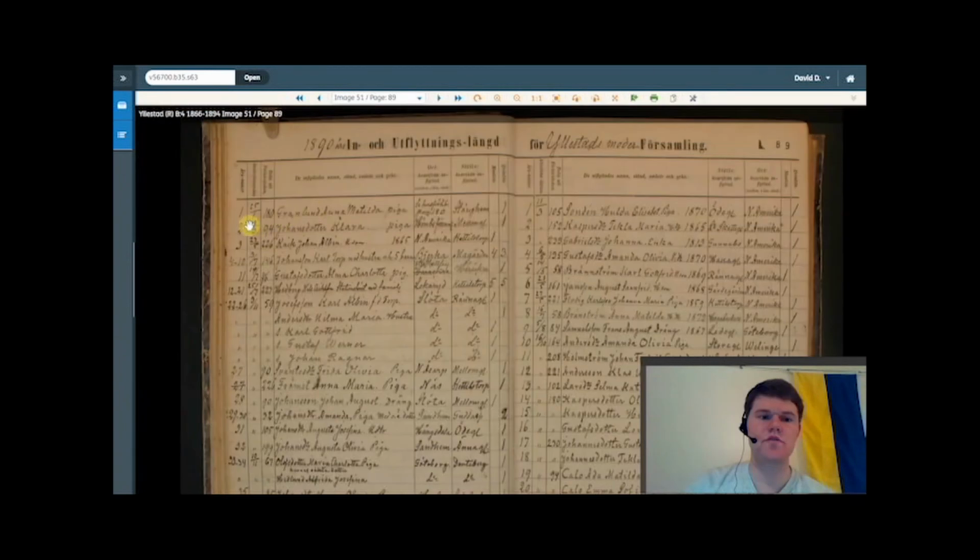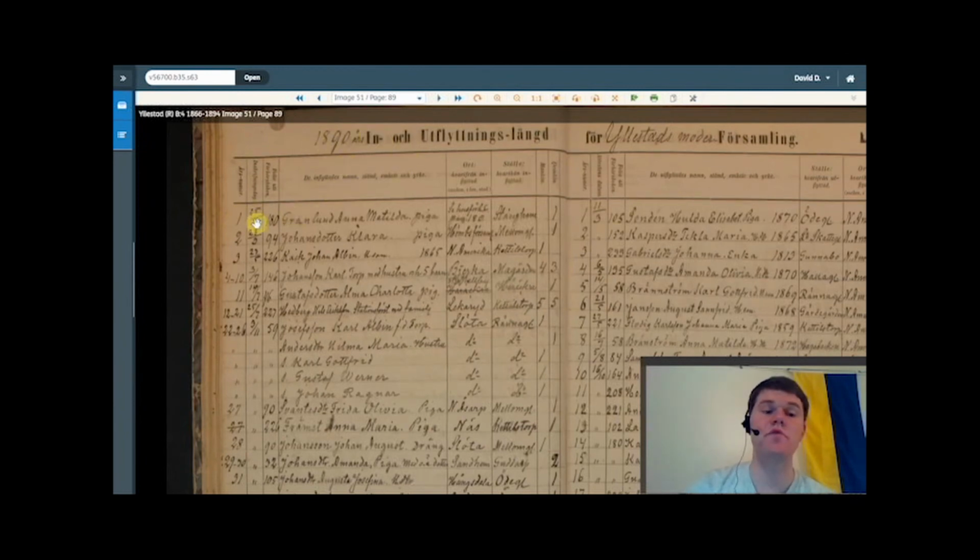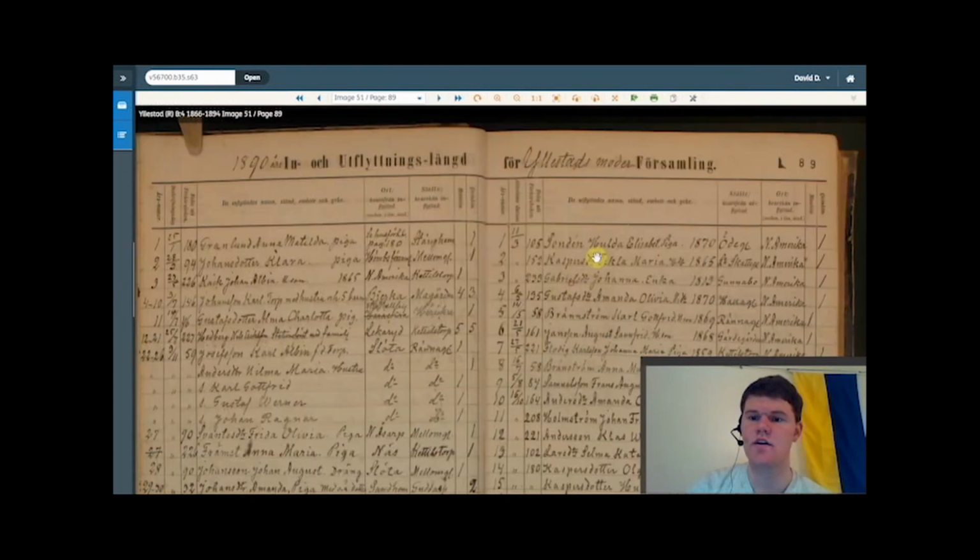And so these numbers right here are the order in which they moved in or moved out. So this person was the first person to move out of this parish in 1890. Sorry, moved in. And this person was the first person to move out of this parish in 1890 as well.